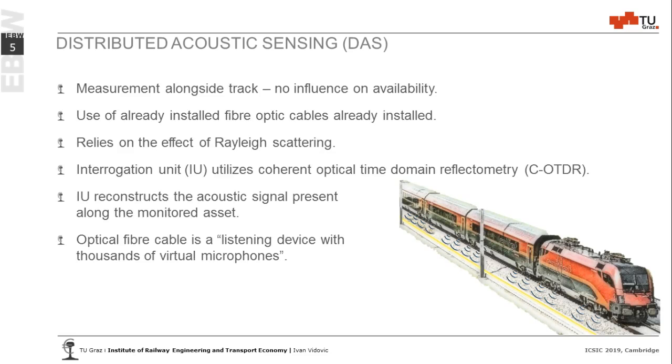So this relies on the Rayleigh scattering, and within each fiber there are minuscule impurities. And if you couple in a laser pulse, it will scatter. You will get some backscattered light.